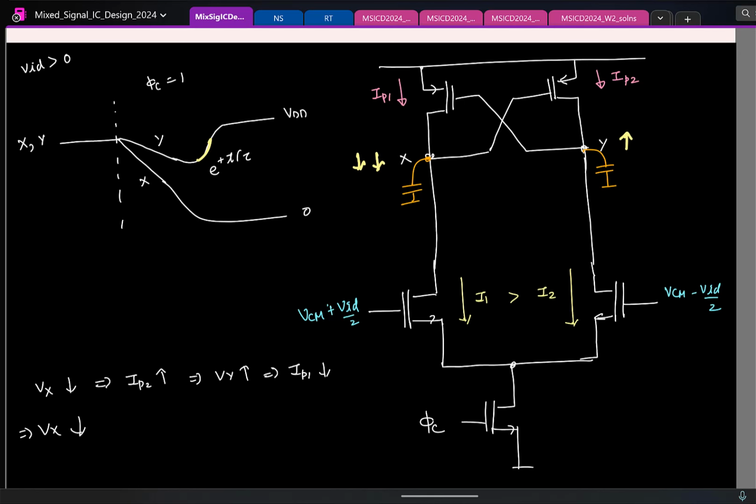So now we saw that when Vx was initially reducing, a chain of sequence was triggered that further resulted in Vx reducing further. So what kind of loop is this? It's a positive feedback. I did some change, the loop is enabling the change. So this is a positive feedback loop.